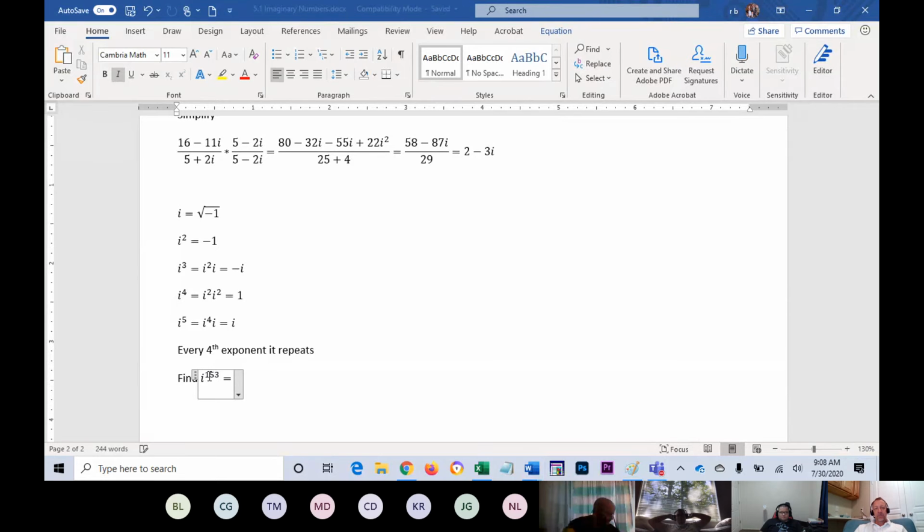How would you find that? Just guessing, but would you just take that last number, the 3, and it'd be negative i? Or am I way off? You're on the right track, but you're off. But I don't know what else to do.